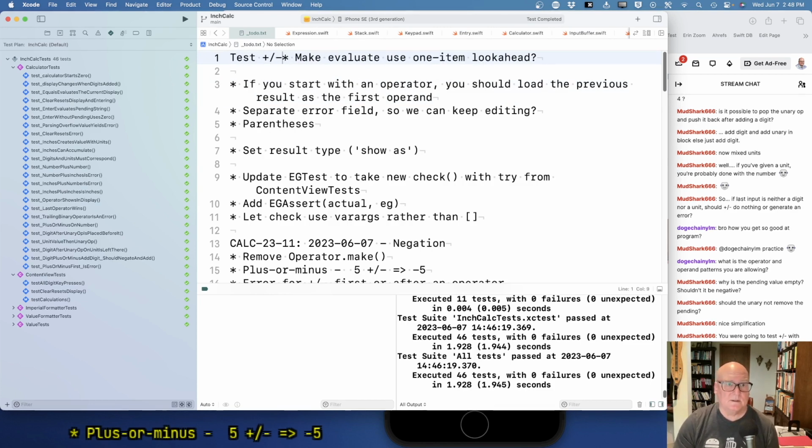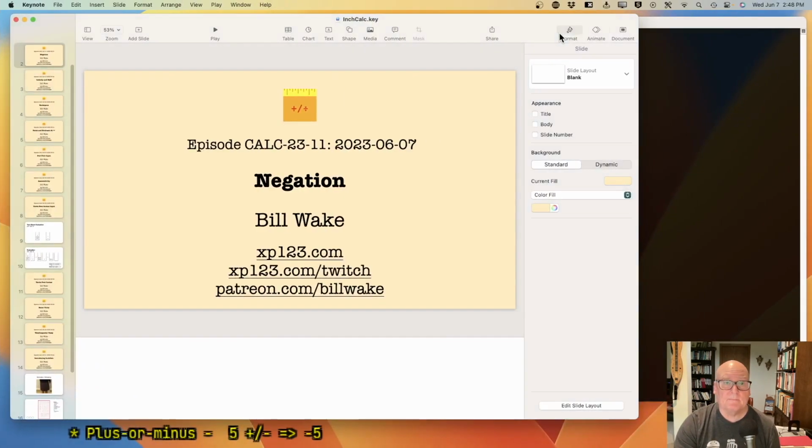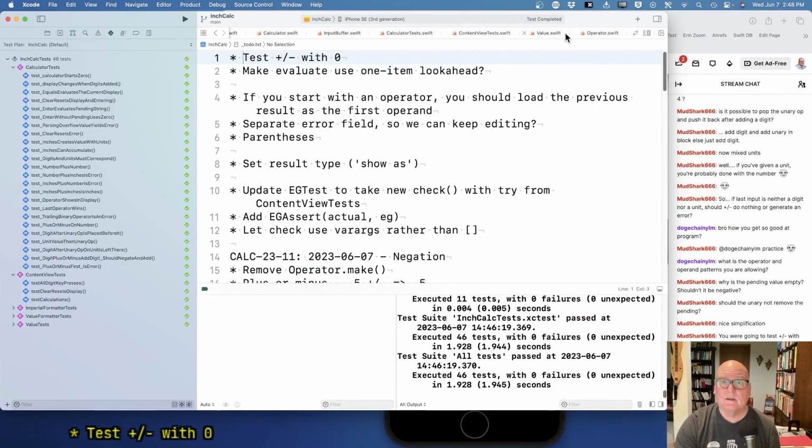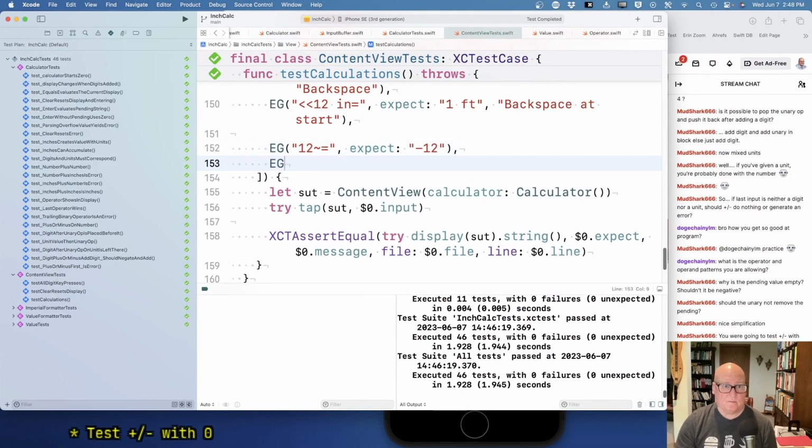Test plus or minus with 0. And I think it should be okay, although they do have negative 0, but I think it will just write a 0. Well, let's see. Content view test. 0 plus or minus equals, expect 0.